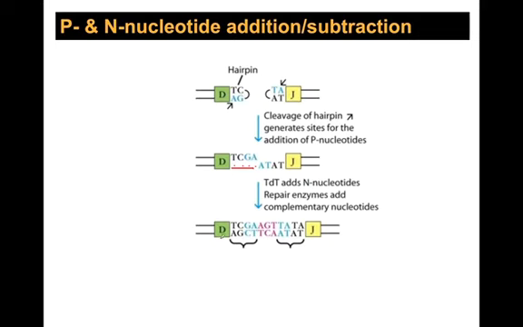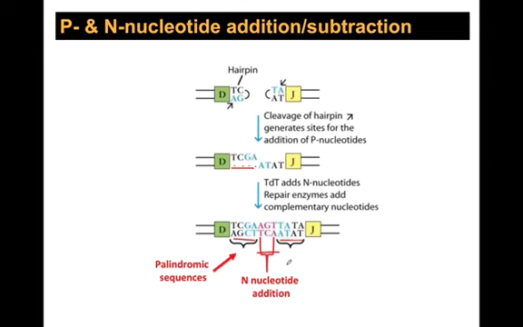So you get a palindrome from wherever Artemis cut. Those are your P nucleotides, or palindrome nucleotides. The ones in the middle are there because TdT added those, so they're non-templated nucleotides, or the N nucleotides. So you have palindrome sequences and then non-templated nucleotide sequences.